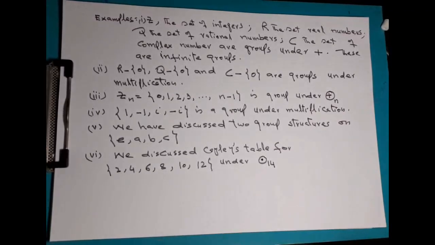So we did not complete that discussion in our previous session, and I can leave it as an assignment for you. But anyway, we have discussed this particular set under the binary operation multiplication modulo 14.